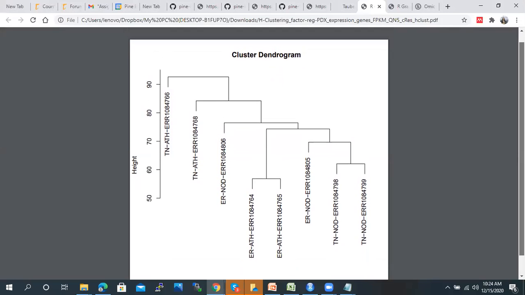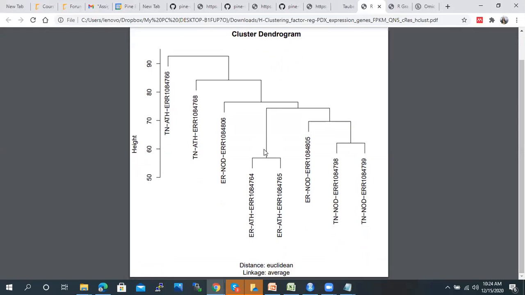Here we are getting a cluster of this triple negative, with one of the ER positive samples near to that. And all ER positive samples are actually clustered together, and two of that are athymic.